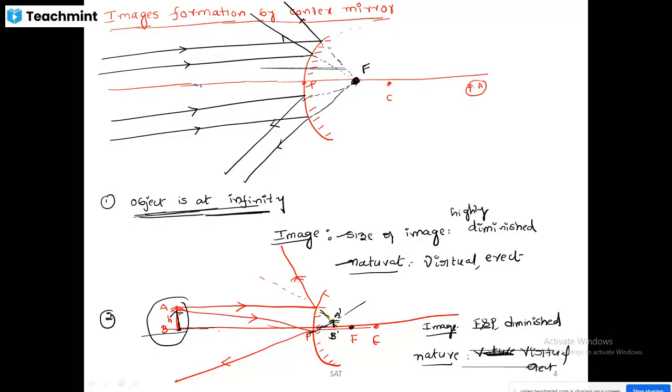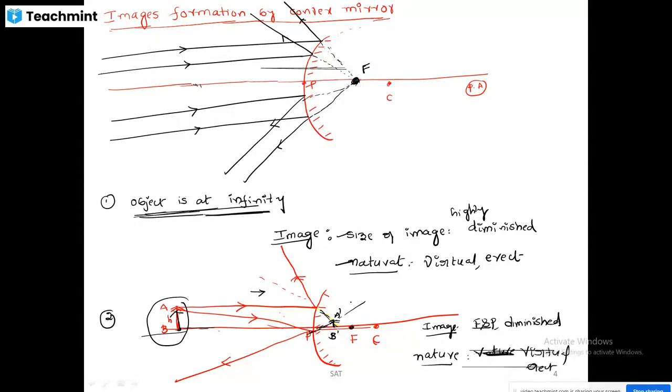If you move the same object towards the mirror, the image also moves towards the mirror. The object is moving towards the right side, and the image is moving towards the left side. But the size of the image is always less than the size of the object. These are the cases we need to remember.